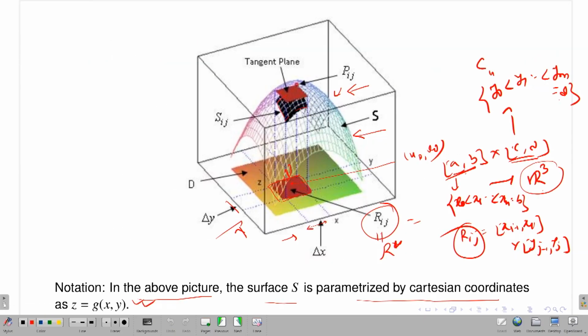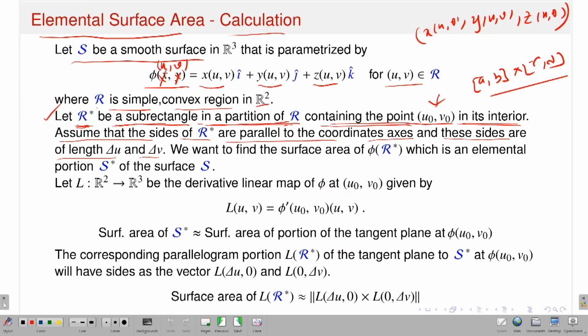Exactly like the earlier picture, this is my R star, and this side is parallel to the y axis, which I am denoting as del v in this notation, and this is parallel to the x axis, which I am denoting as del u. So I assume that the sides of R star, the smaller subrectangles of the partition of my region R, are parallel to the coordinate axes, and I am just denoting the lengths as del u and del v.